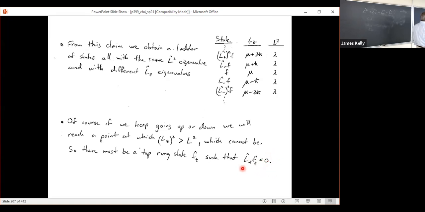So even though it still satisfies that L plus on f top is a multiple of f top, that multiple is zero, which isn't an allowed eigenfunction. So it still satisfies the same property, but in a kind of trivial way. Okay, there's got to be a top rung, and that's, if you like, a differential equation.